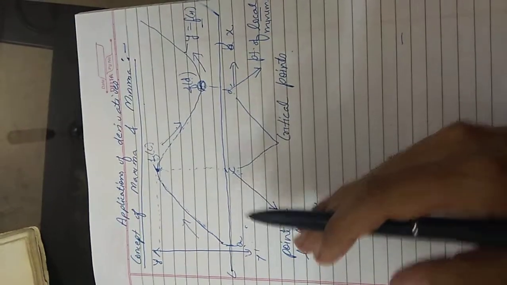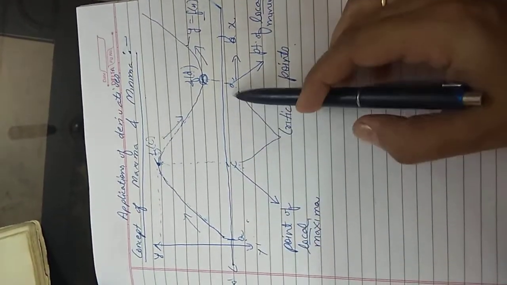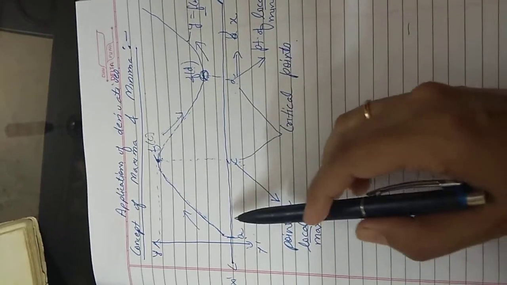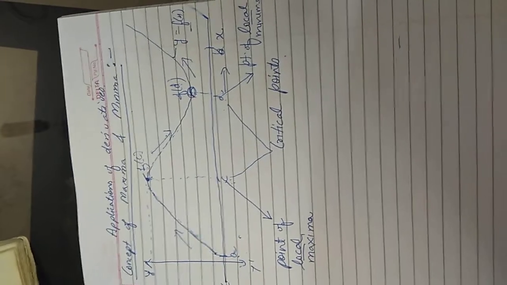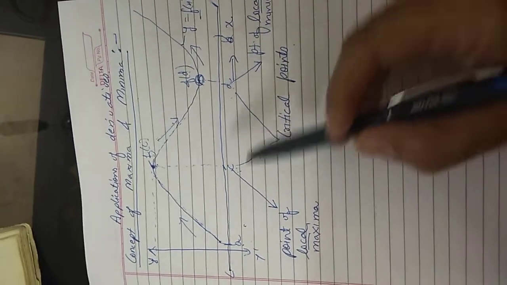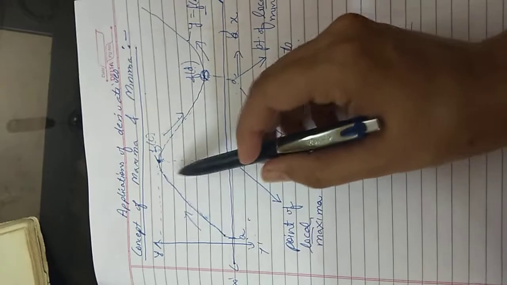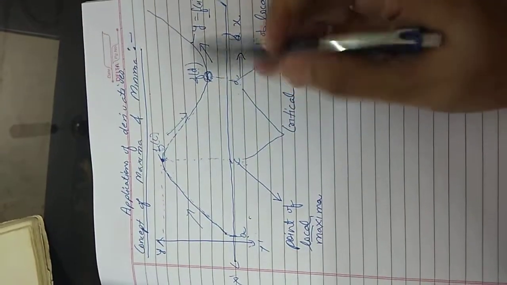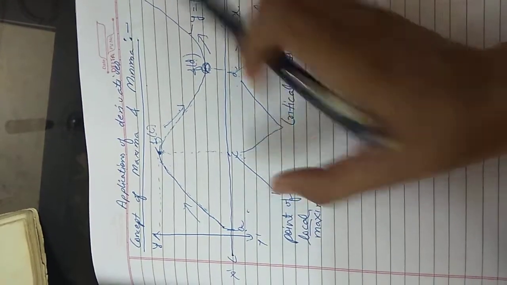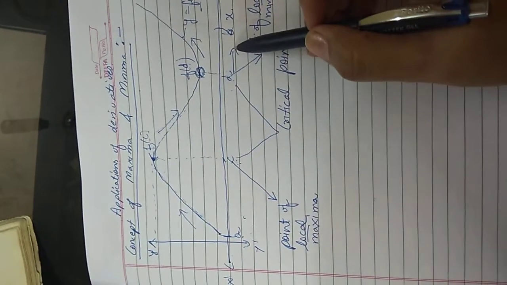And if I shift my interval from a to b, if I shift it from this end point to this, or further keep on shifting the interval, my values, that means my peaks and valleys, will keep on changing, right? So this peak and this valley we are getting in this local neighborhood, that means in the open interval AB.